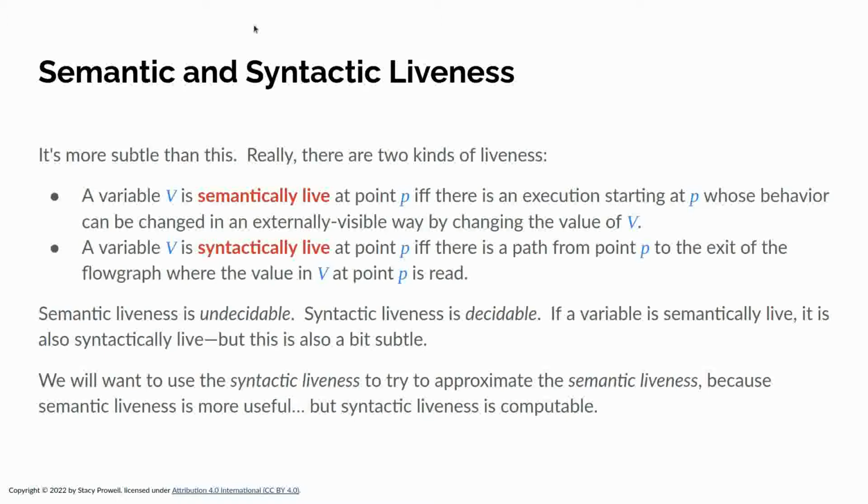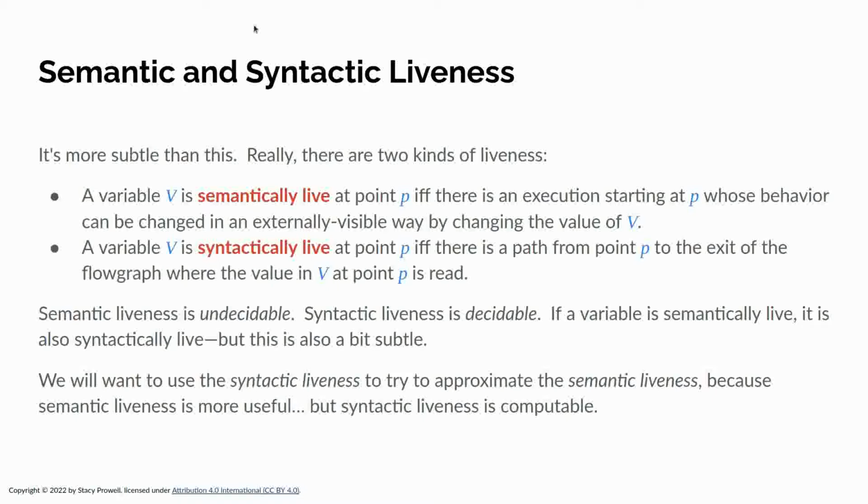All right. And as you can guess, the first one, semantically live, is incredibly useful, super helpful, and exactly what we want, and also undecidable. And the second one is problematic, but decidable.